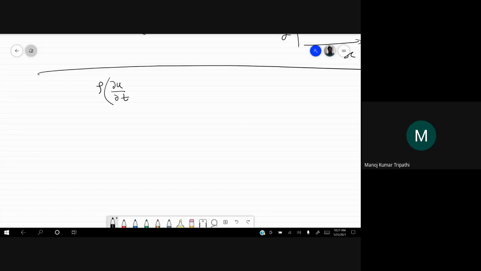If I'm writing this in vector form, then this is a vector. So you will have three equations, one for the x velocity, one for the y, and one for the z, if there are three dimensions. So this plus u dot del u.